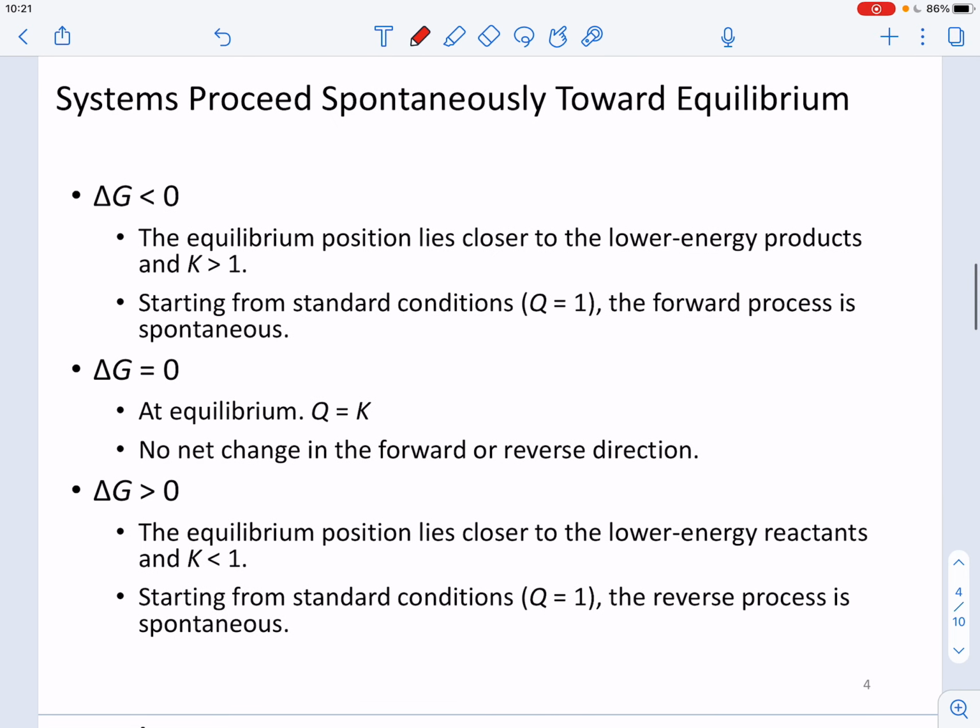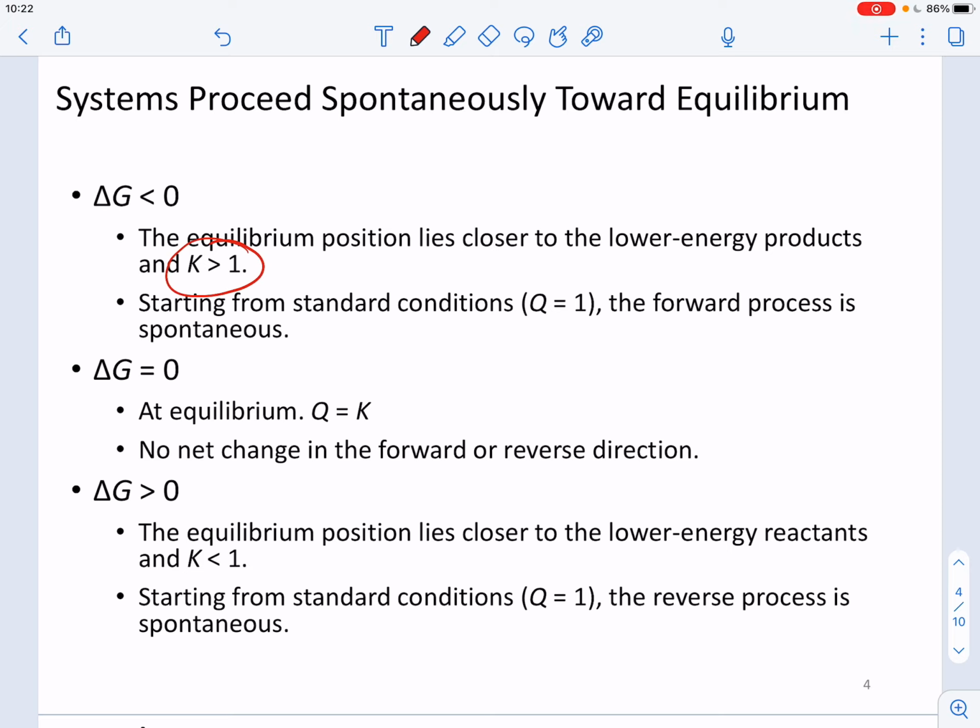So what is the meaning of all of this? Well, we have already determined that for delta G negative, the process is spontaneous, but now, since we're working with equilibrium, what it means is that the forward reaction is spontaneous, the reverse reaction is non-spontaneous, and that's represented by a K value that is larger than 1. Okay, here in this case 1 represents standard conditions. If K is larger than 1, then the products are favored, and delta G is negative.